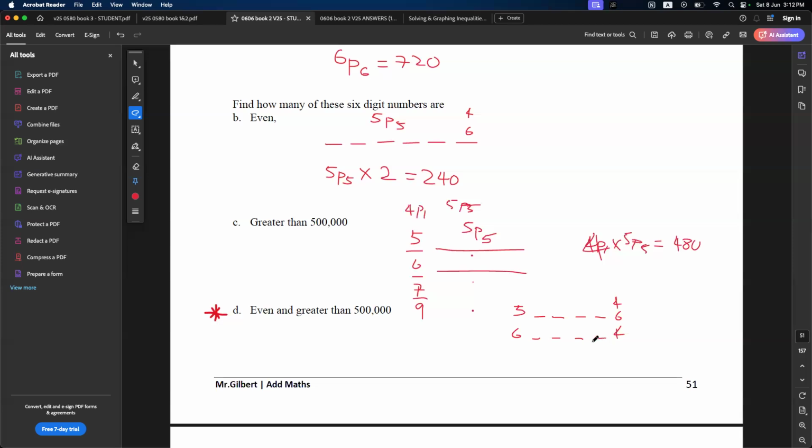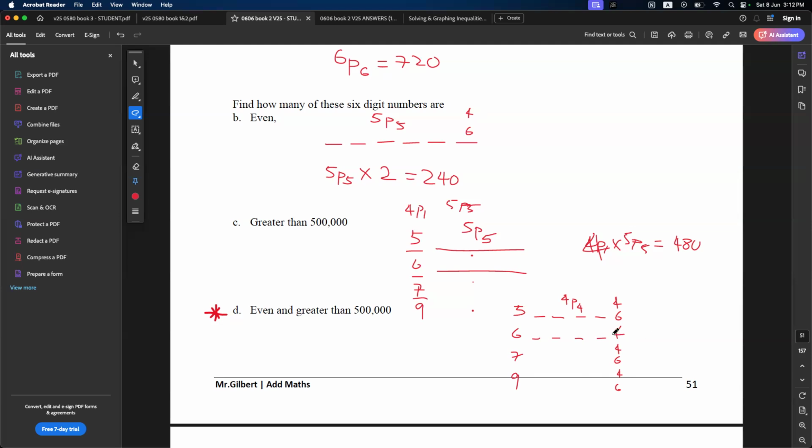Use one time. Then 7, ending with 4 and 6. 9, also 4 and 6. When doing it this way, guys, how many more numbers do I have to choose in the middle? 4P4. So my full working right now is 4P4 times 2P1 times, not 4P1, times 3 only.